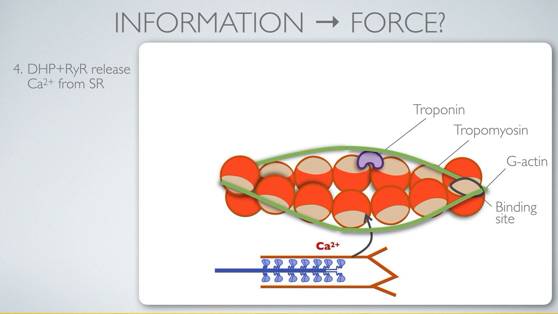Tropomyosin sits on top of the binding sites of the G-actin monomers, thereby blocking their access from any protein that might want to associate with them. Okay, so we've got a binding site, but that binding site at rest is blocked by tropomyosin.